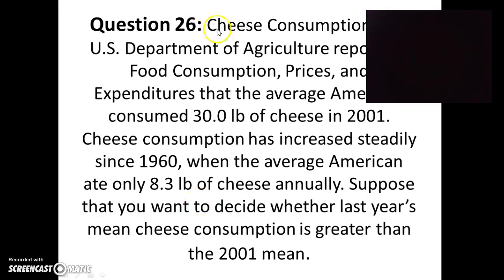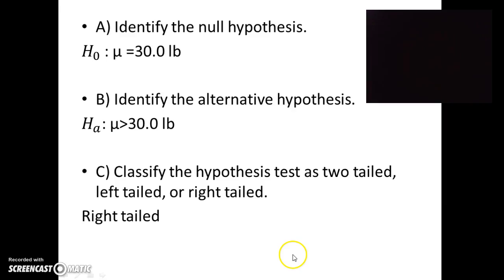Question 26. The research says that the average American consumed 30 pounds of cheese in 2001, and it increased from 1960, where it was 8.3. Suppose that you want to decide whether last year's mean cheese consumption is greater than in 2001.